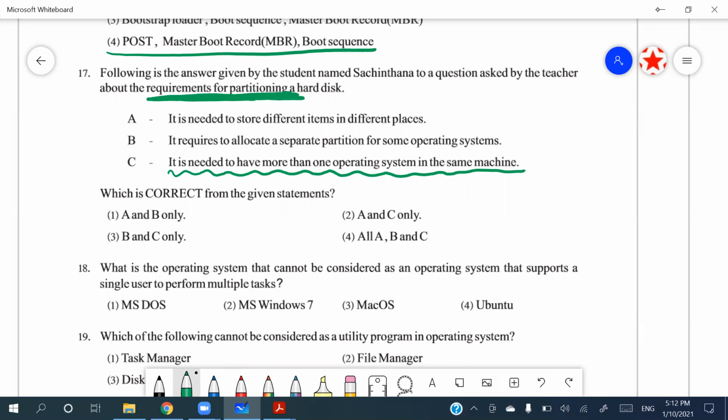Right? So in this requirement, this is going to be a correct one. These two are anyway correct, right? So the fourth one, yes, you are going to go with the fourth one.